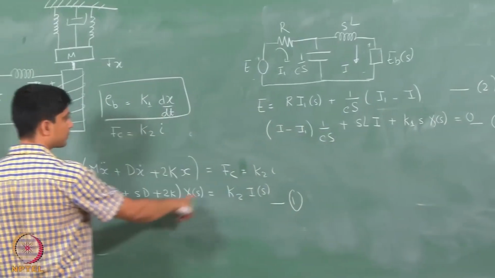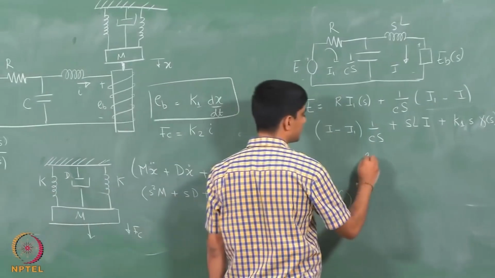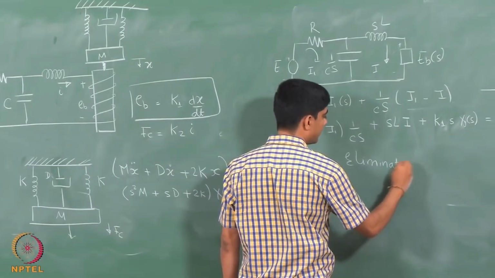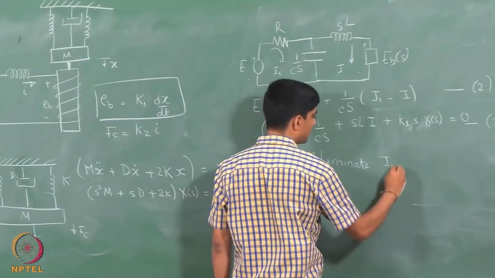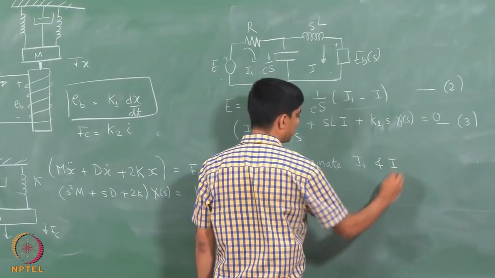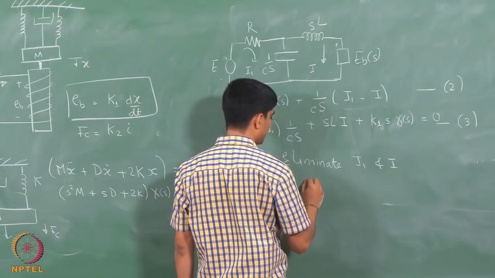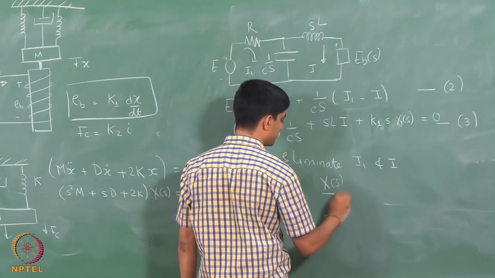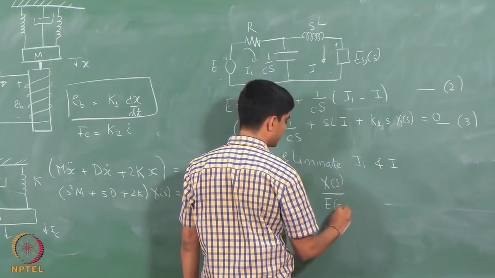So, I can just make use of these three equations to eliminate I1 and I, and ultimately find the transfer function x of S over E of S, right.